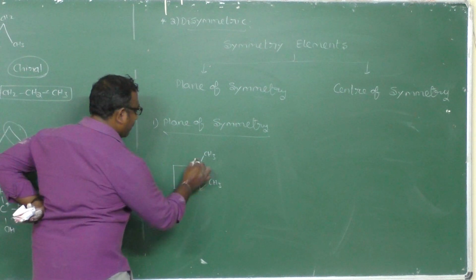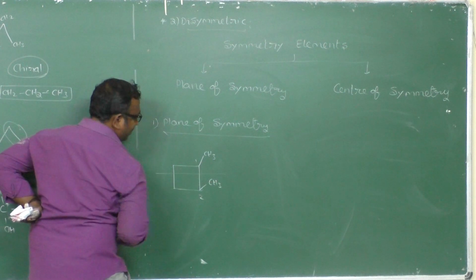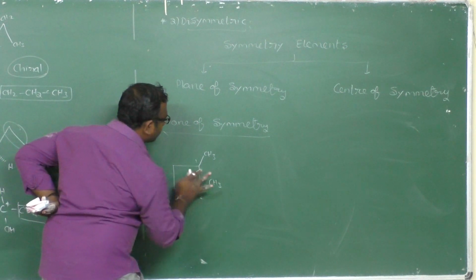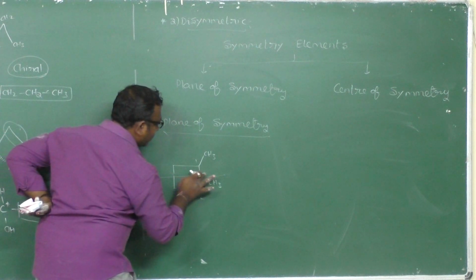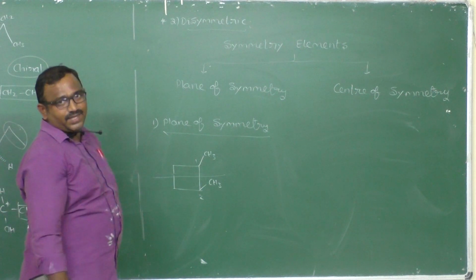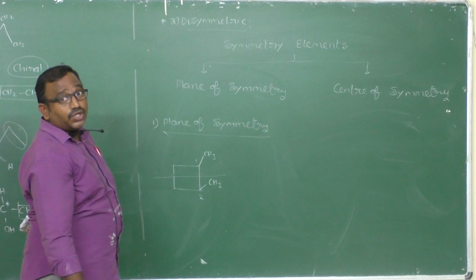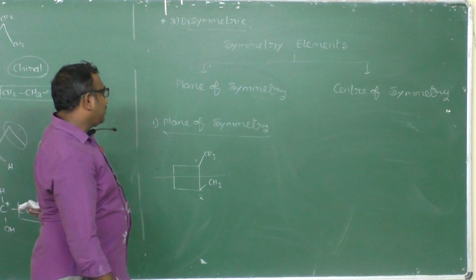See here, on drawing an imaginary plane, what will happen? On drawing an imaginary plane, the molecule splits into two equal identical halves. This plane is called a plane of symmetry.